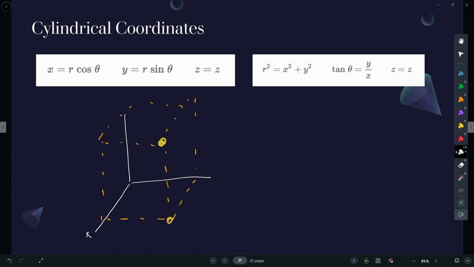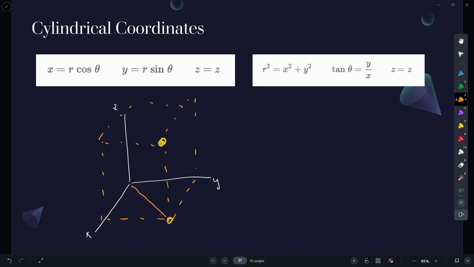Here is x, here is y, here is z. One way to describe it is use polar coordinates in one plane and then just leave the other coordinate alone. So what we do is we give the point in the xy plane polar coordinates and then just leave the z coordinate alone.